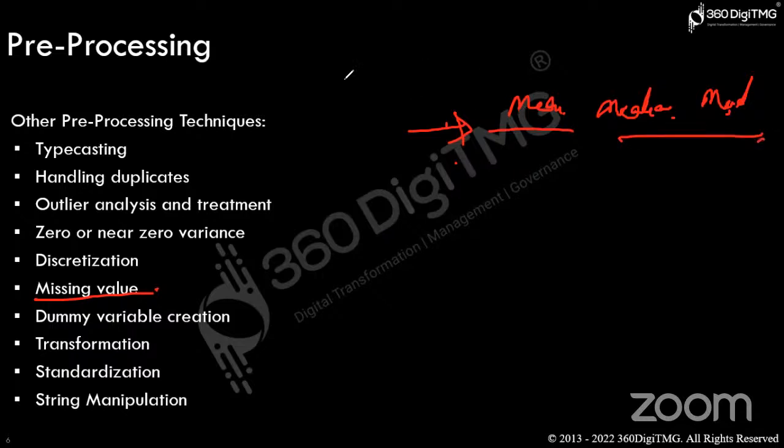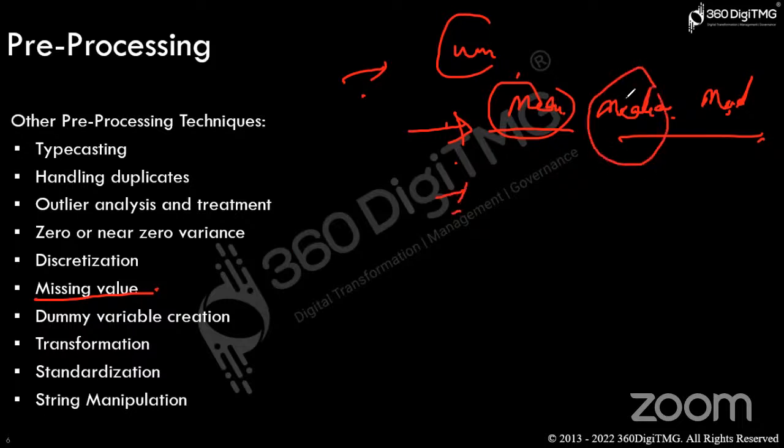When you have an age column or numeric column, you can simply go for mean imputation. If you have outliers in the data, you can go for median imputation. If you have categorical data in your data frame, you can go with mode imputation. We have different missing value types, like missing completely at random, but mainly just remember how you can deal with missing values: with imputation.